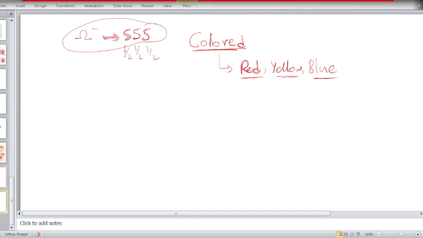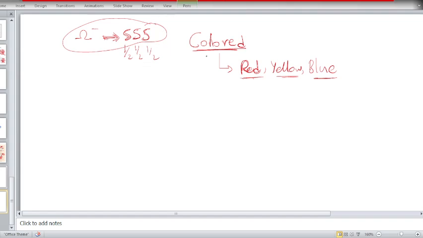And if you are having these strange particles like this SSS, they will not obey Pauli's exclusion principle. So in this case, as we discussed, half will be the spin if you are considering the first one is plus half and the second one is minus half. Then the third one will not be able to take plus or minus half because it will violate Pauli's exclusion.